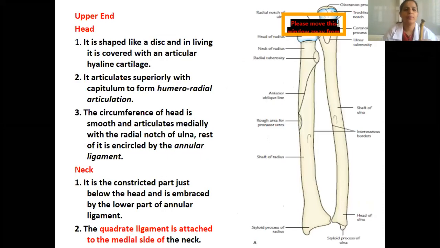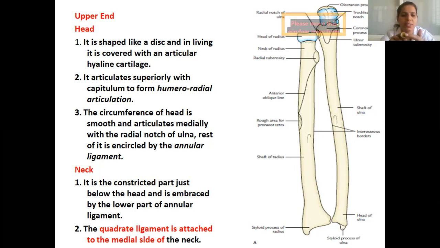Okay. Then coming to the other features, the upper end is disc shaped, covered with hyaline cartilage, and it articulates superiorly with the capitulum of the humerus to form the humeroradial articulation. The circumference of the head is also smooth. Why? Because it is articulating with the radial notch on the ulna to form the superior radio-ulnar joint.